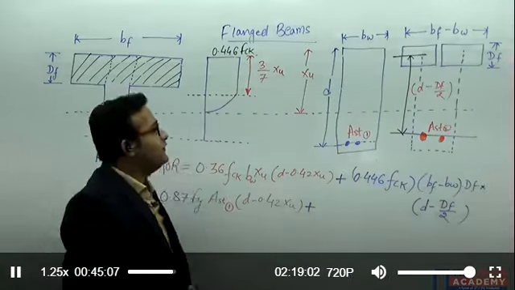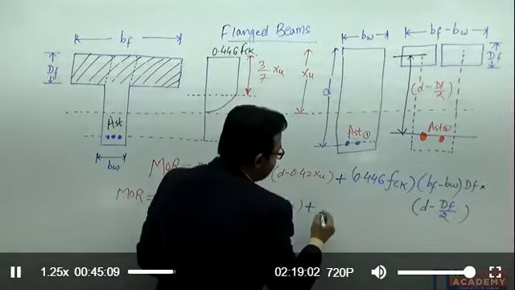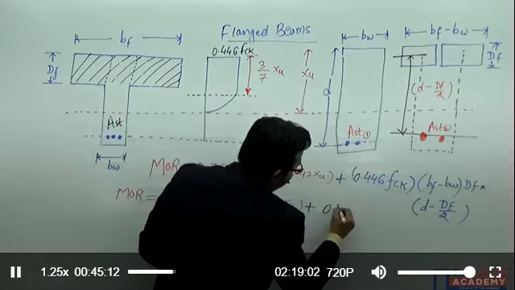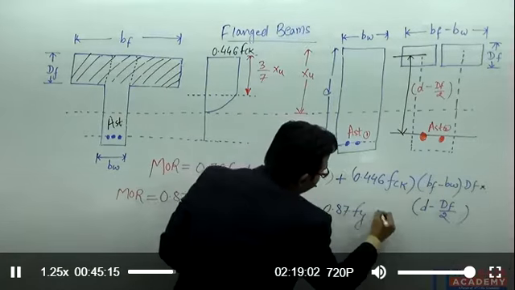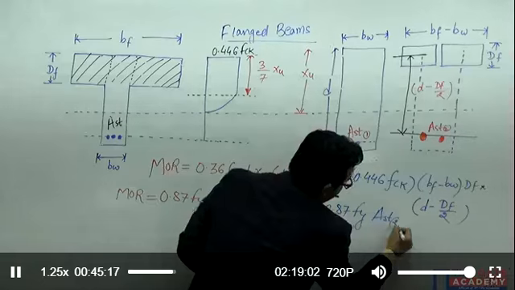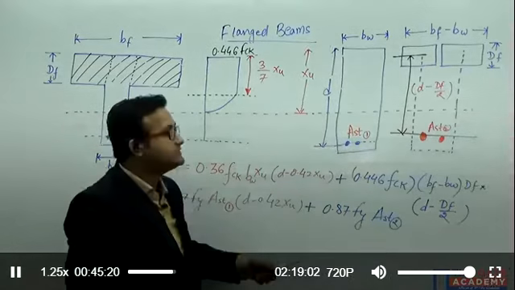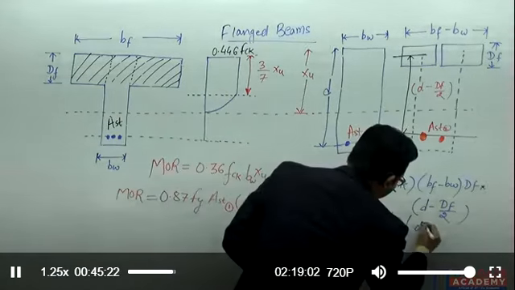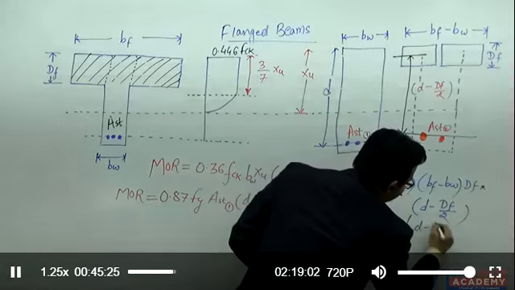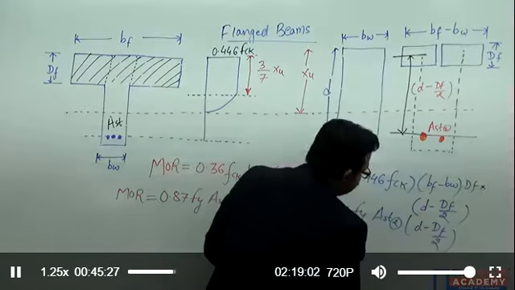So due to this portion, we can calculate the moment of resistance as 0.87 fy Ast2 into the available lever arm, which is d minus 0.42 xu. Sorry, here it will be d minus Df by 2.